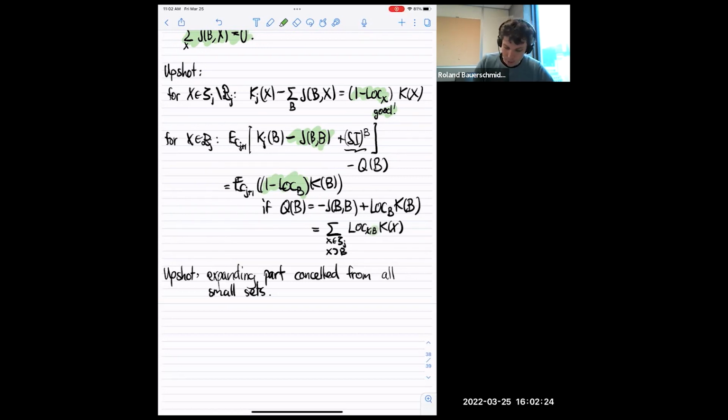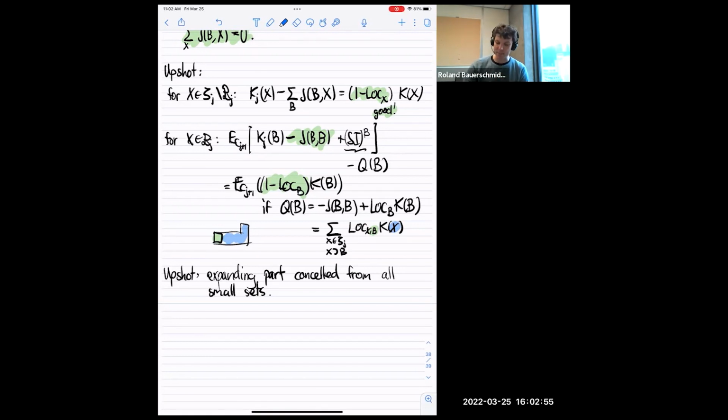So we're interested in a block B, and the non-local correction you need to make is over all small sets like this that contain that block. So X is this, and B is that block. You're summing over all of these sets, and those are the corrections you need to put into the local part.